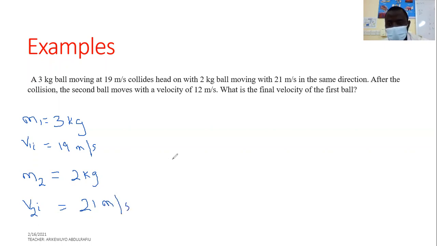Now, after the collision, what happened? After the collision, the second ball, this is mass 2, so it means that my v2 final will be 12 meters per second. After the collision, v2 final is equal to 12 meters per second.